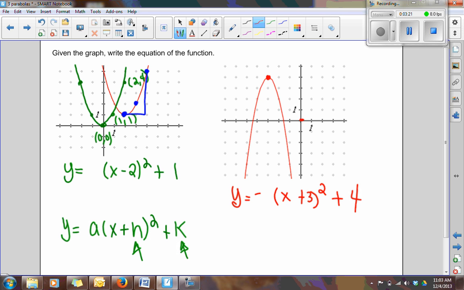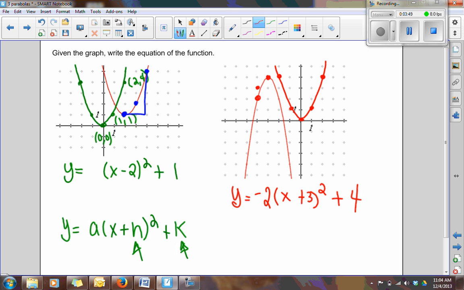And notice here, instead of going 1 down, 1 over, our function is actually going 1 over 2 down, making our a negative 2. So normally if you think about y equals x squared, we've got 1, 1, we've got 2, 2 squared is 4.